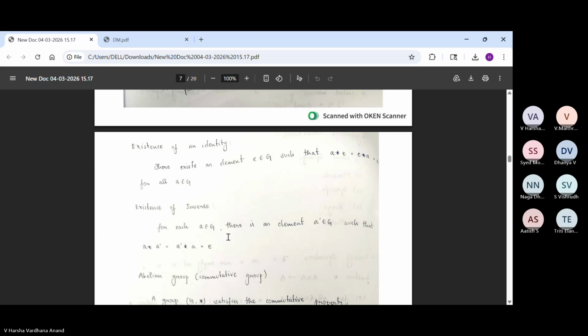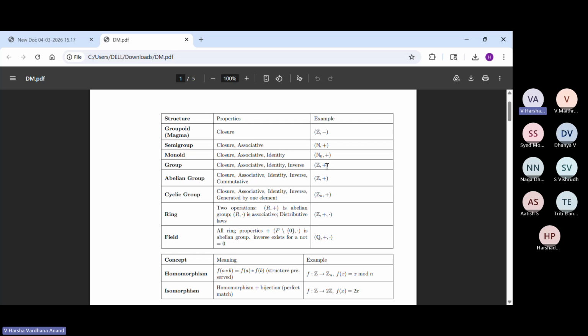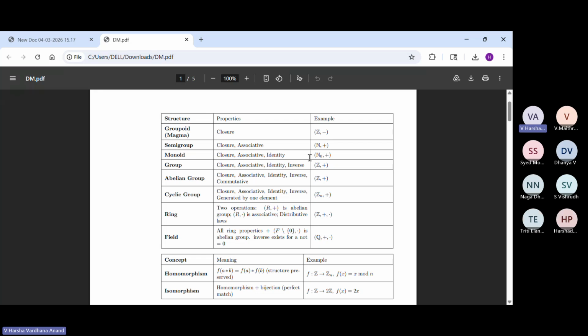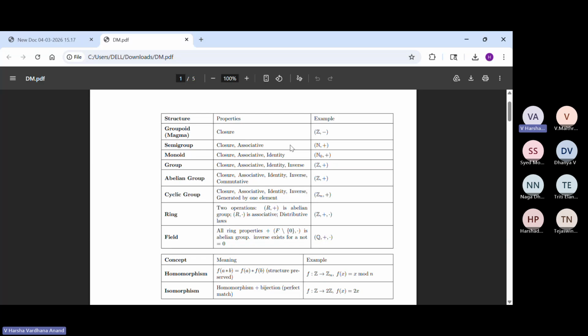Let's just take this example, group Z plus. Here inverse exists because you have 1 and then minus 1. If you add both of those, you get 0, which is the identity. So group has closure, associative, identity, and inverse.